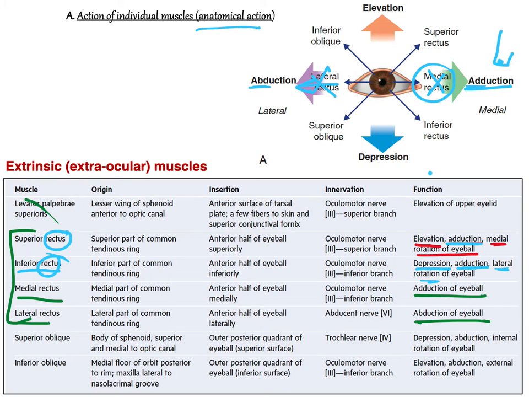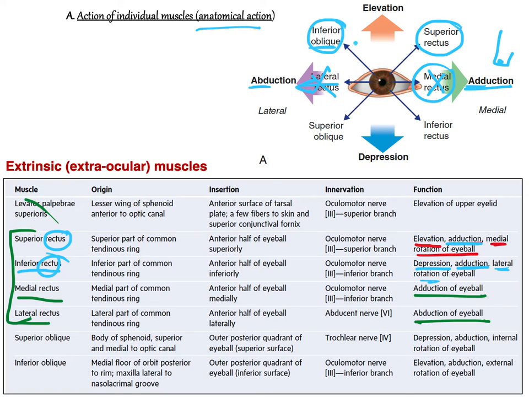Inferior rectus depresses the eye. But wait. Who else, besides superior rectus, elevates the eye? Inferior oblique, because we said that oblique muscles work against their names. Inferior oblique elevates the eye, while superior oblique depresses the eye. That means superior rectus and inferior oblique both elevate the eye.